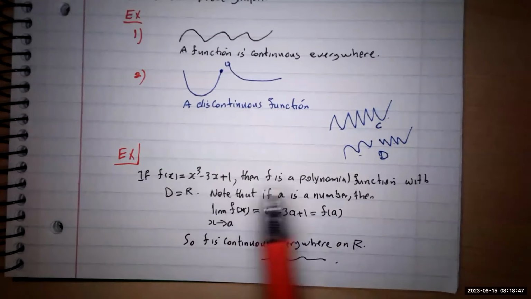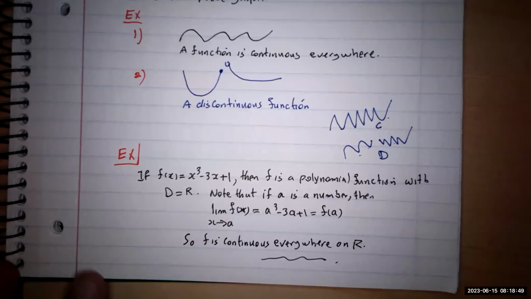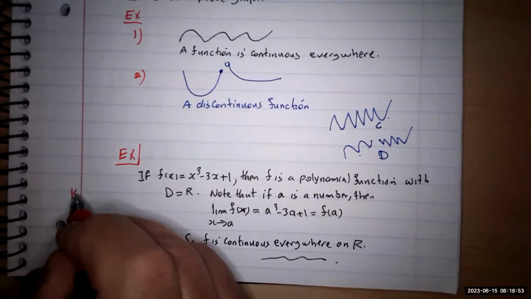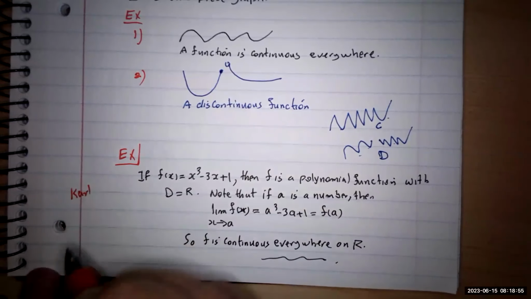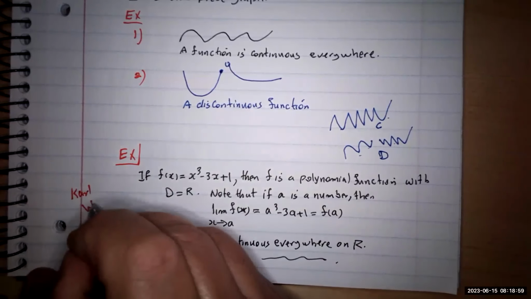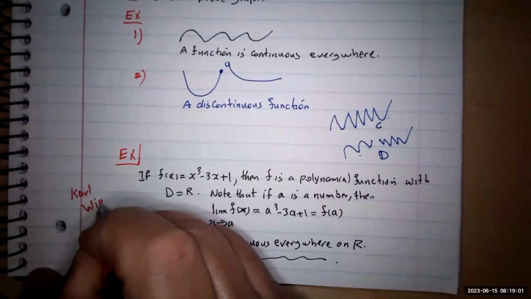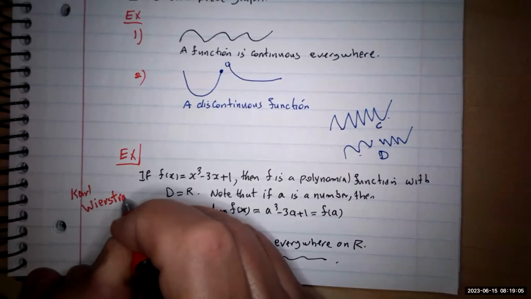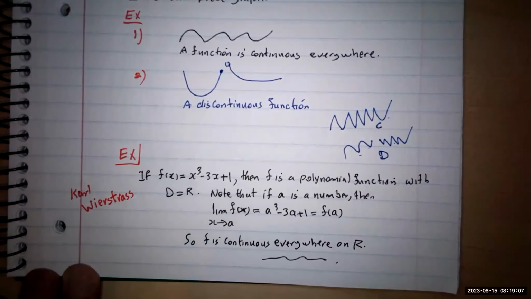Karl Weierstrass, you will know his name. You can search on the internet and see quite a lot about him, and we are going to talk about him again. Karl Weierstrass, a German mathematician, proved something quite interesting.